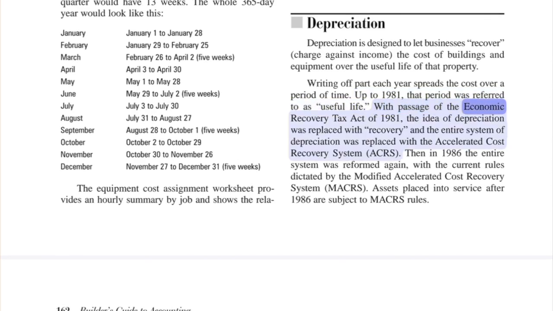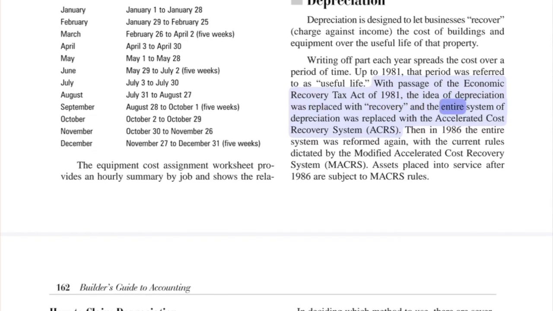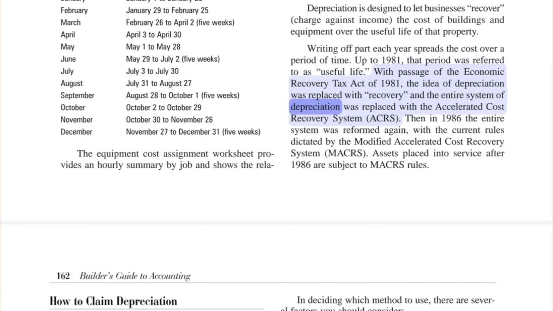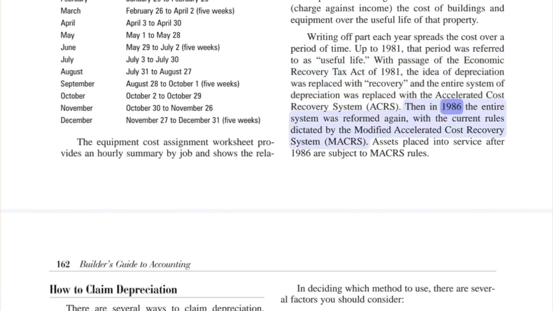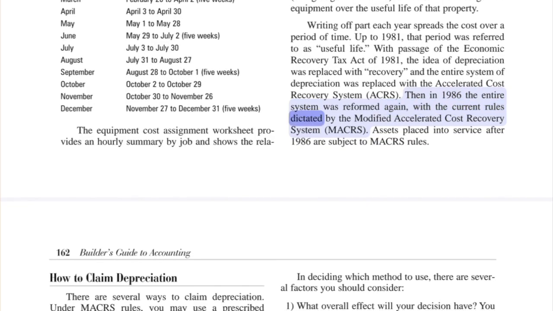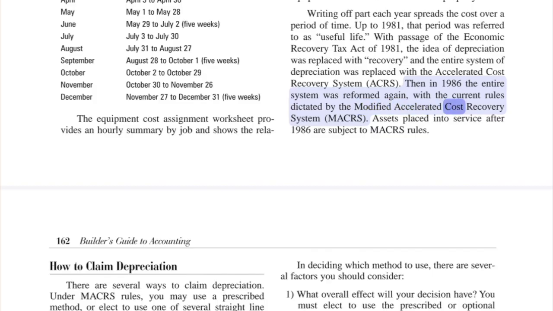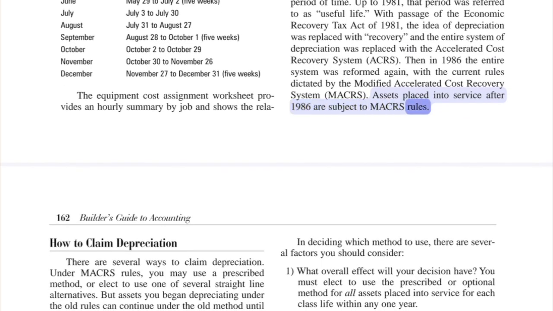With passage of the Economic Recovery Tax Act of 1981, the idea of depreciation was replaced with recovery, and the entire system of depreciation was replaced with the accelerated cost recovery system. Then in 1986, the entire system was reformed again, with the current rules dictated by the modified accelerated cost recovery system, or MACRS. Assets placed into service after 1986 are subject to MACRS rules.